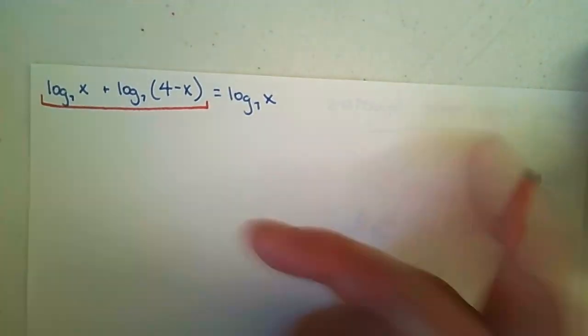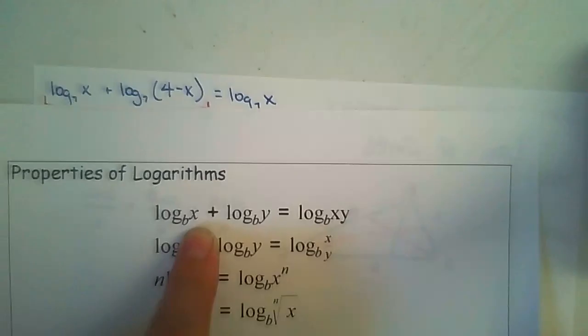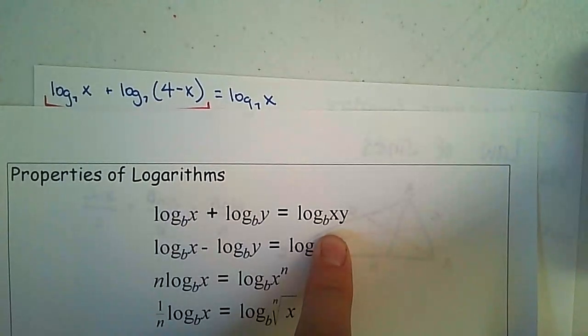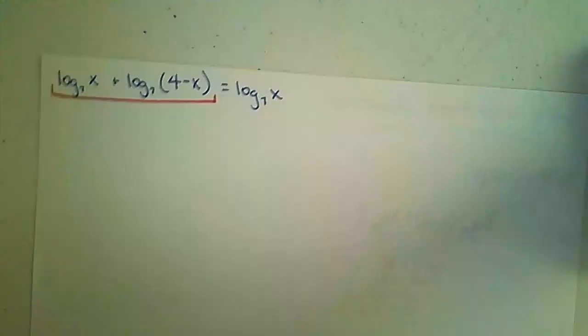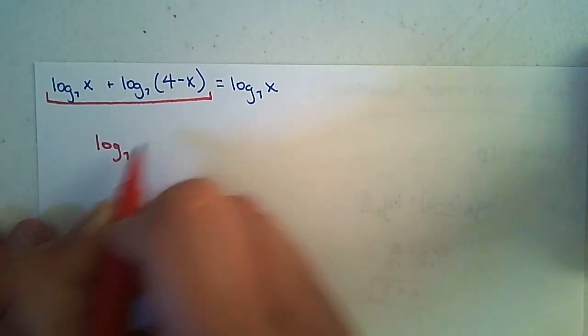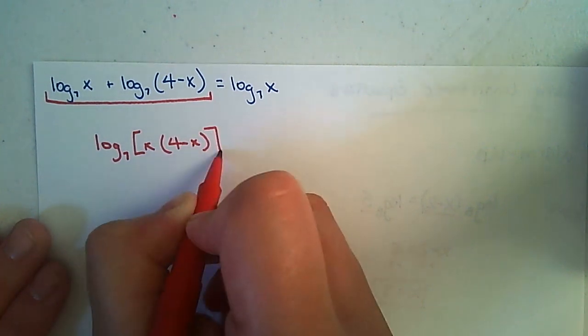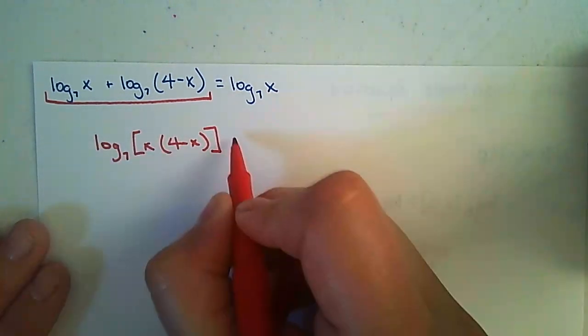And again, our properties say that when we are adding 2 logs together, that really means we are multiplying their arguments together. So I'm going to rewrite this using multiplication. So I'm multiplying the 2 arguments together.